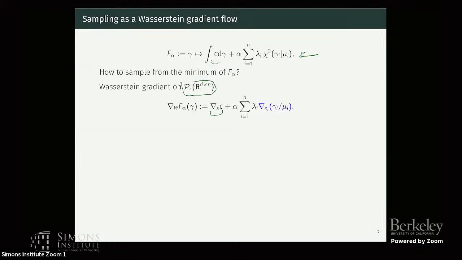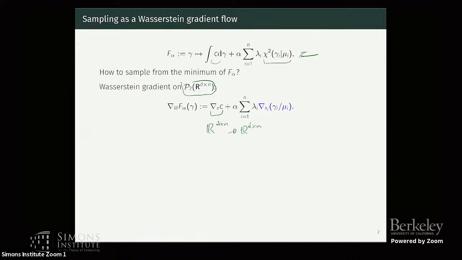This first function goes from R^dn to R^dn. And then here I have the gradient of each of my chi-squares, which is a gradient of gamma i over mu i, except that here my gamma i are from R^d to R^d and not from R^dn to R^dn.